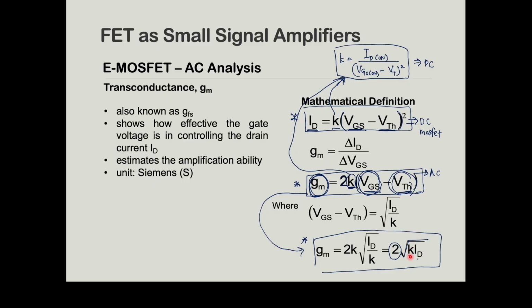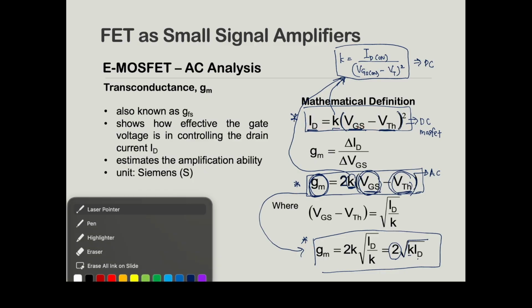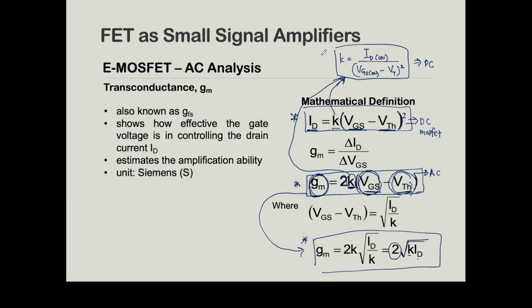So root K is multiplied with ID. Always remember the asterisk formula that I've marked here.